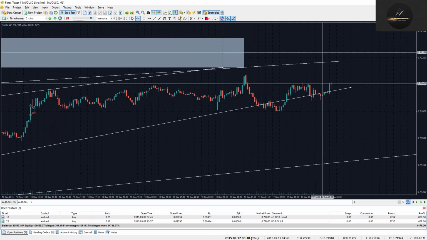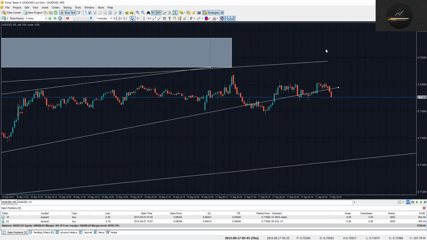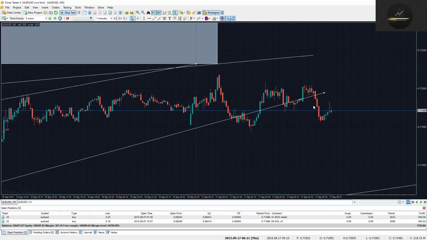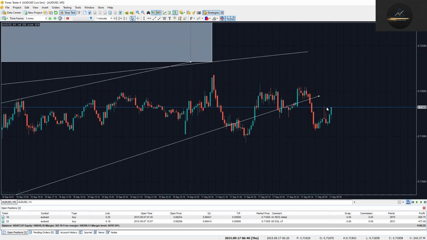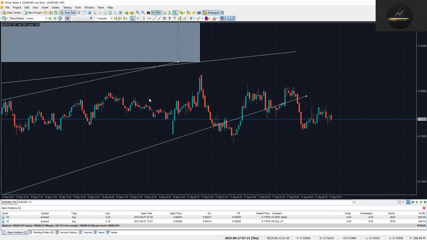So now we're looking for price action up here, waiting for a short. We're coming up to London Open. Look at this range. This is very typical of Asia, where it's just ranging. So you're going to have breakout traders on both sides.